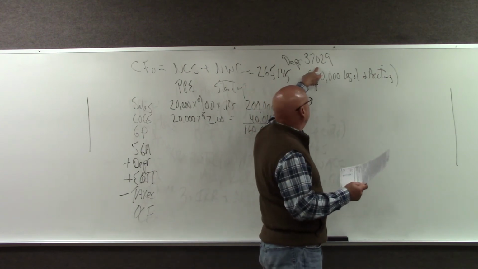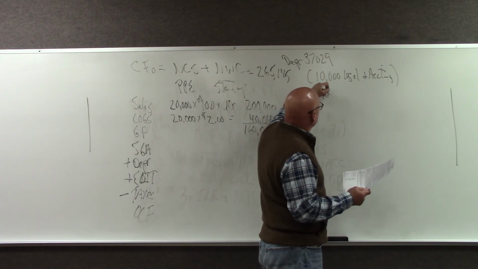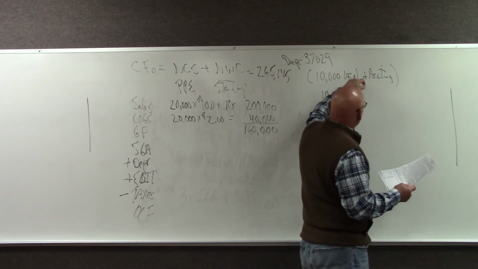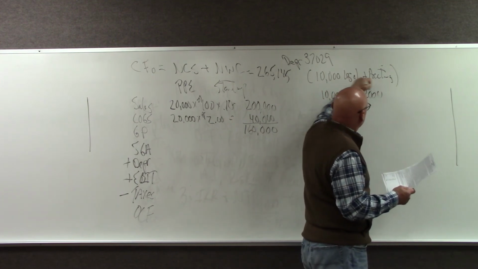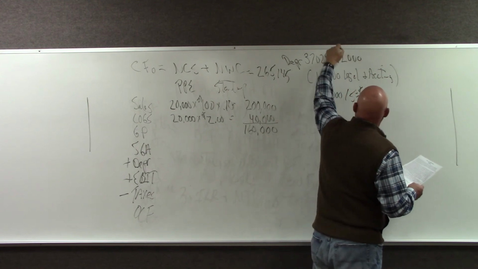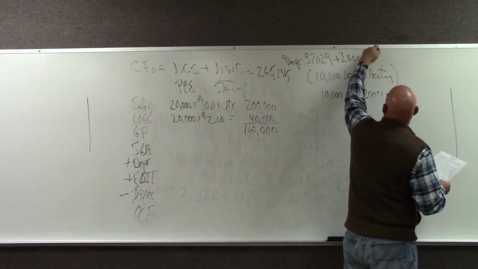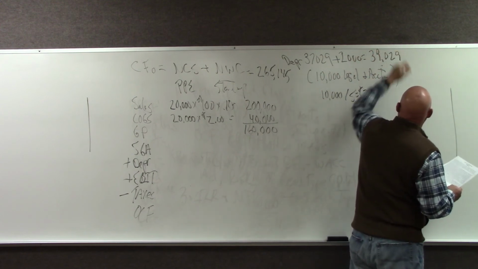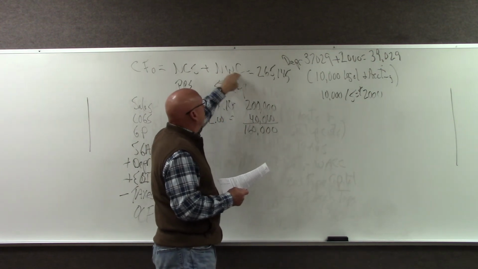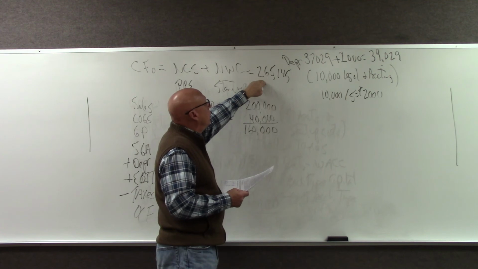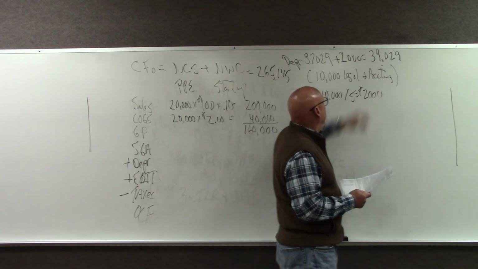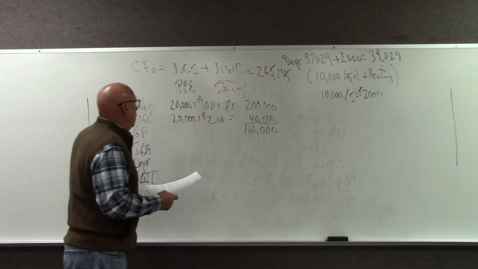So I'm making a little change here. That's going to be 10,000 divided by 5 years, which is $2,000 a year. So we're going to put that up here, 2,000. And we got 39,029. We're going to depreciate it, because up front it's included in the 265,145, and so we're going to include it and depreciate it here. Okay?